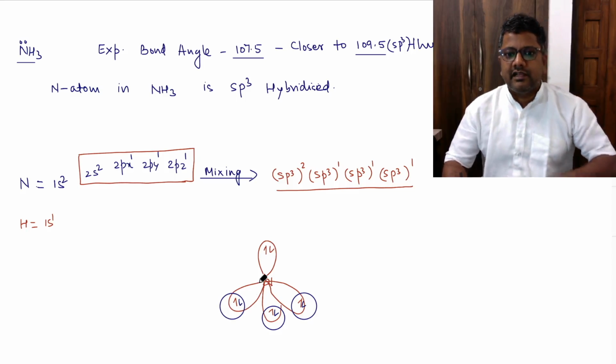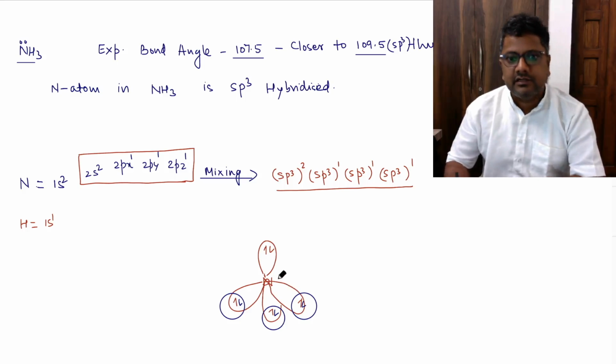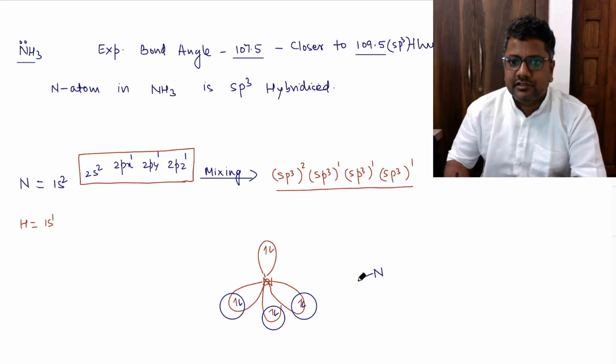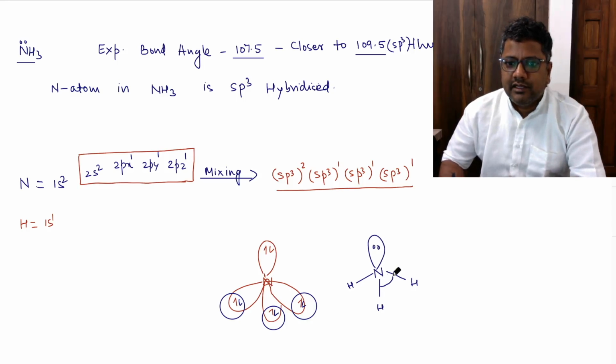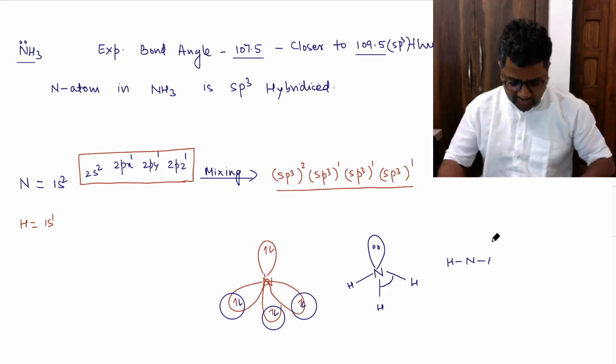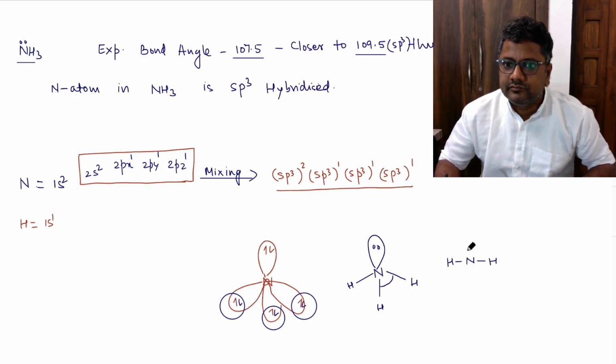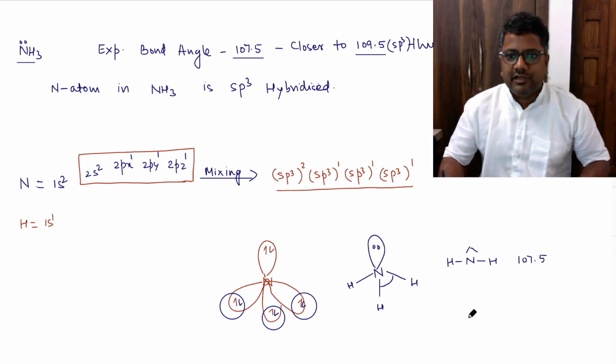The normal orientation is 109 degree 28 minute, but due to some dissymmetry in the orbitals, we have distortion, and we get a lone pair here. So the H-N-H bond angle here is 107.5, right? So what is the geometry of this molecule?